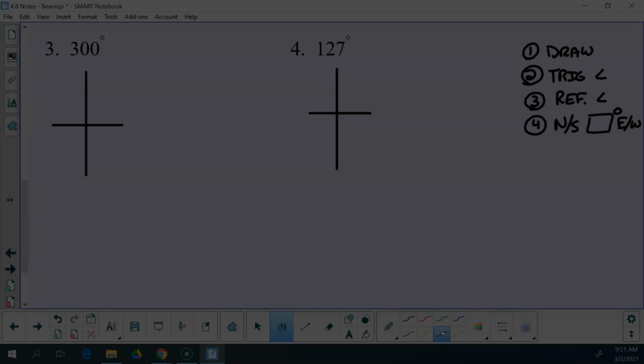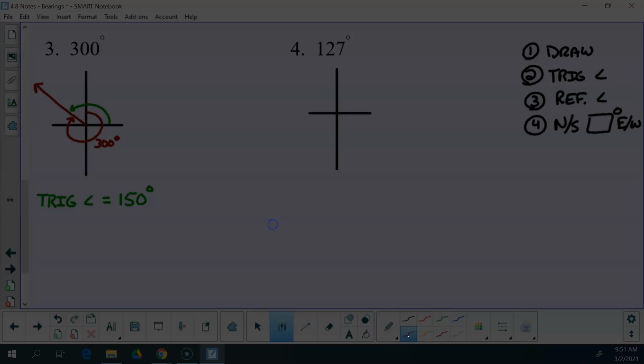So 300. So if I start at 0, 90, 180, 270, 300 puts me right there. Yeah? So there's the draw. My trig angle is going to be that angle there, which is going to be 150 degrees.